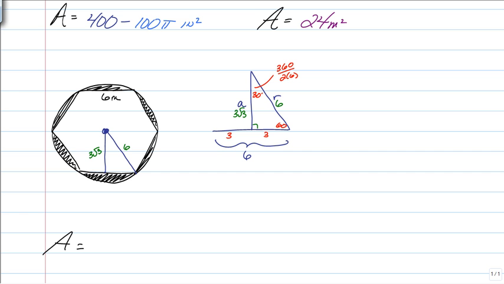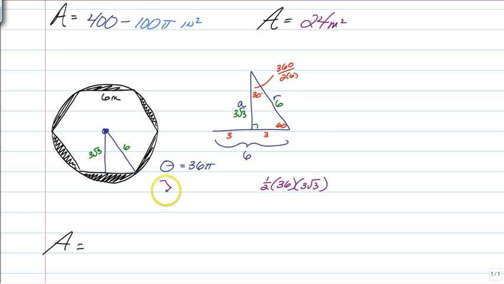So the first thing you want to do is find the area of the bigger part of it, and that would be our circle. So the circle is radius squared pi, so 36 pi. And after that, you want to find the area of your hexagon. Now we know the area of the hexagon is 1/2 of the perimeter, which is 36, times your apothem, which is 3 root 3.